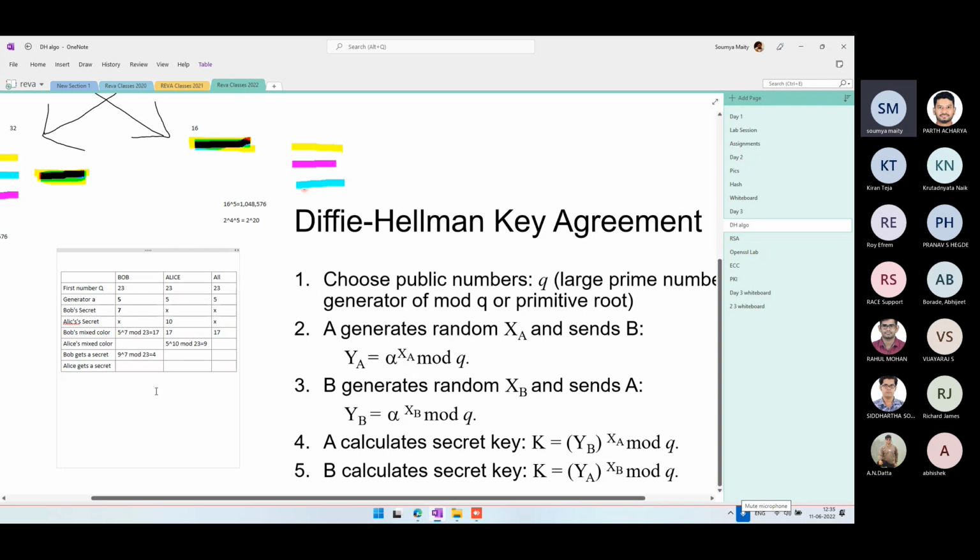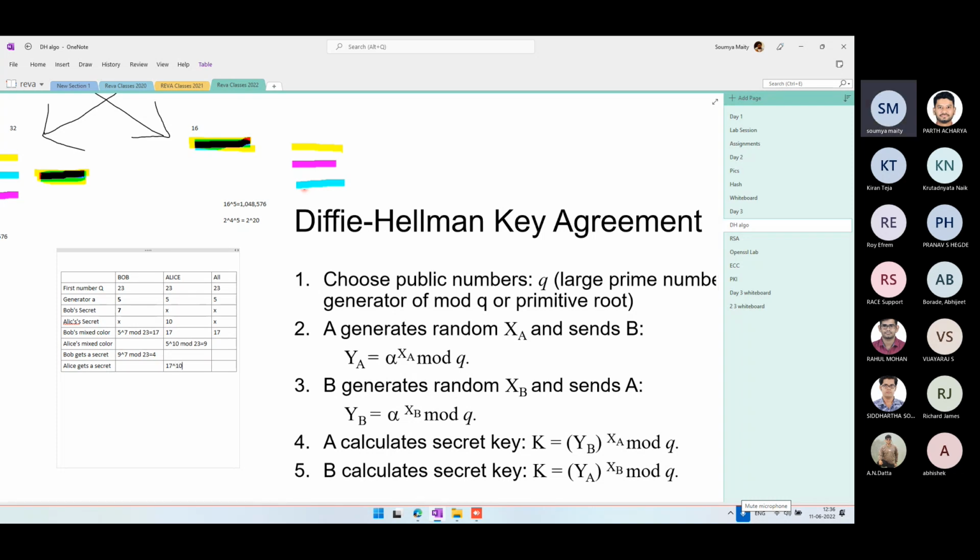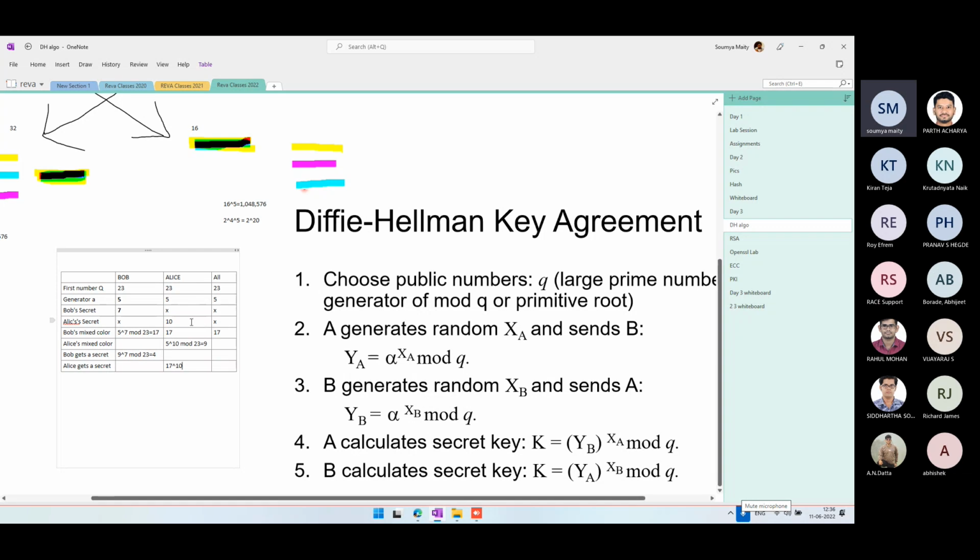Alice has Bob's mixed color, which is 17, right? 17 power her secret, which is 10, right? And mod 23. Hopefully it will be 4. Yes. So they will have the same number. Understood? Everybody understood?